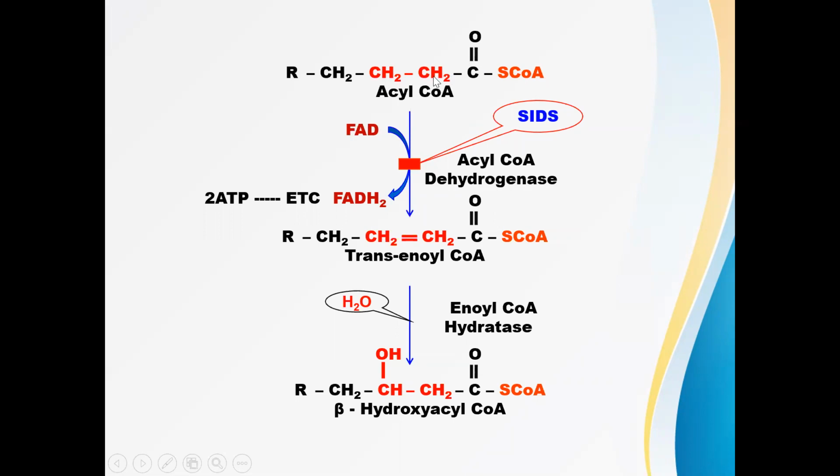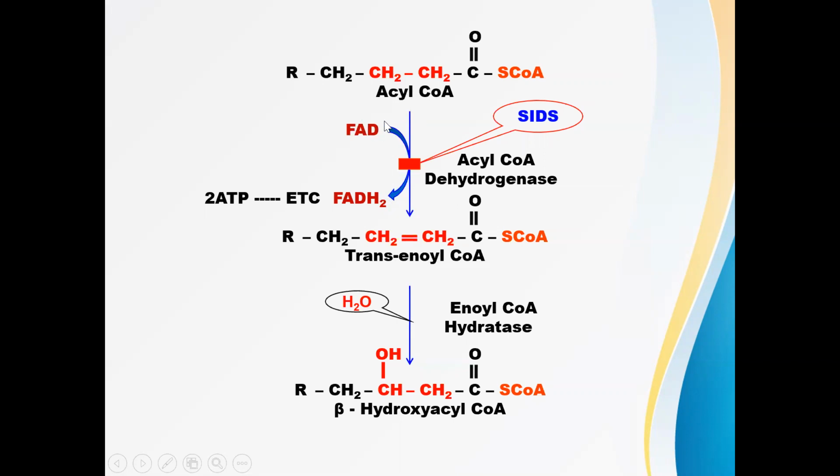This is the carboxyl group, so this is the alpha carbon, this is the beta carbon. With the introduction of the double bond, the acyl CoA is converted into enoyl CoA, trans-enoyl CoA.